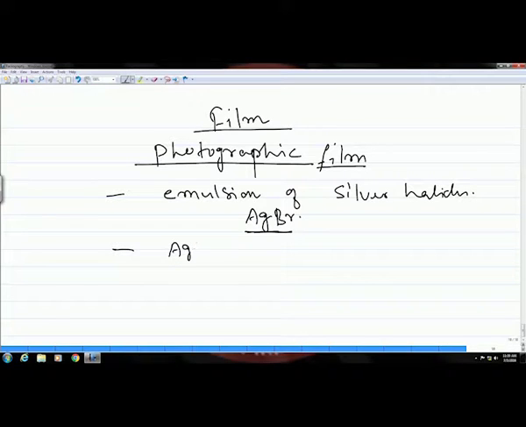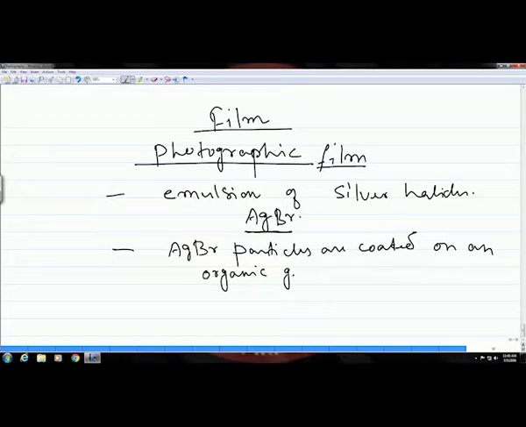So, these AgBr particles are coated over an organic gelatin matrix, on both the sides.